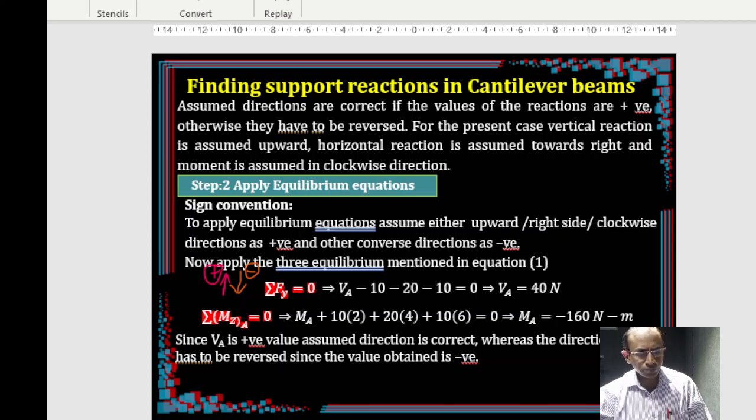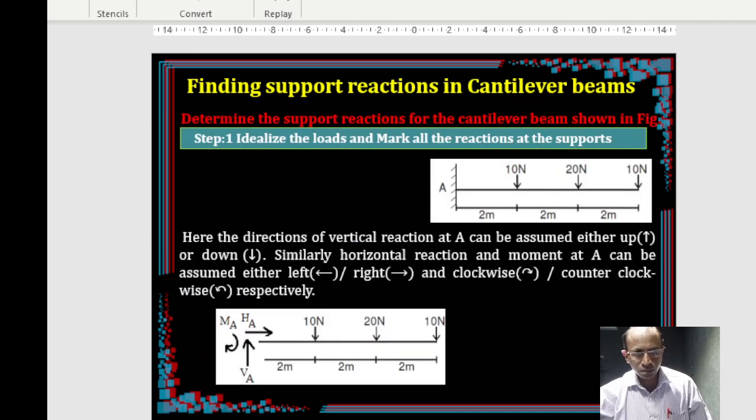Then Mz at A. The other equation you can write anywhere. We apply the moment equation at the support A, because I require the moment at the point A only. As I told you, unless there is an inclined loading or horizontal loading, HA is always 0.